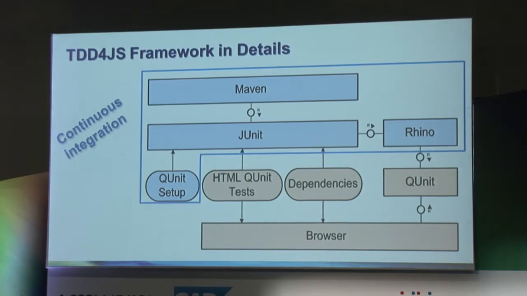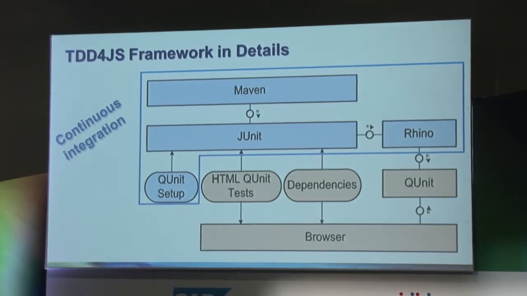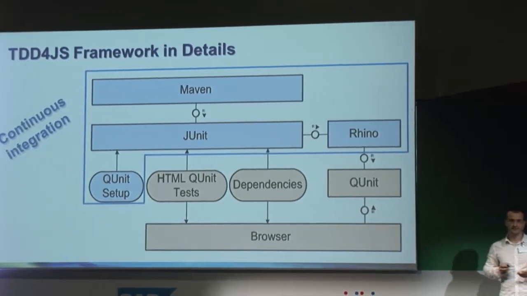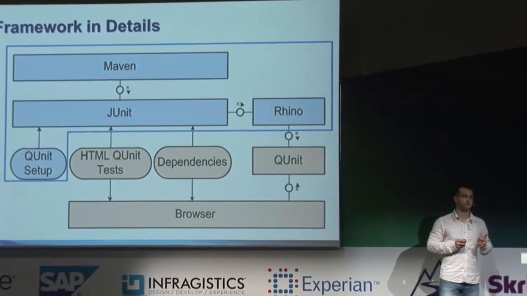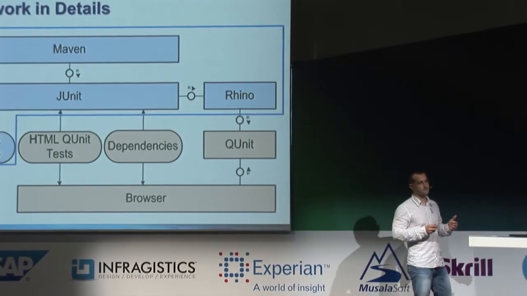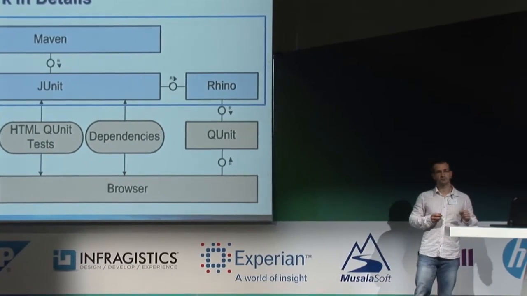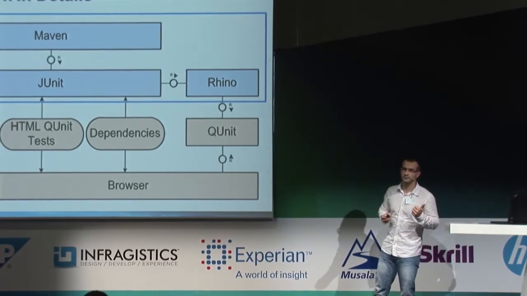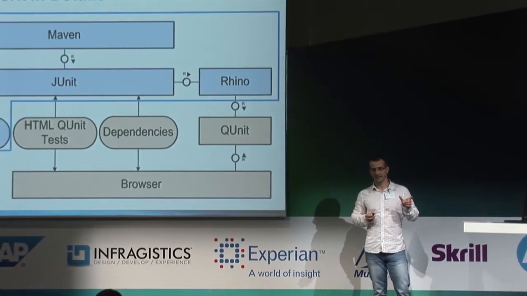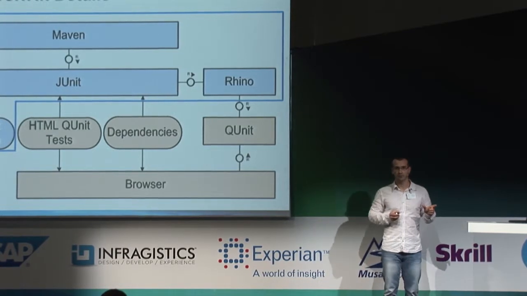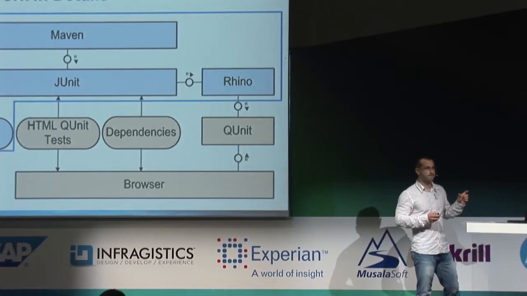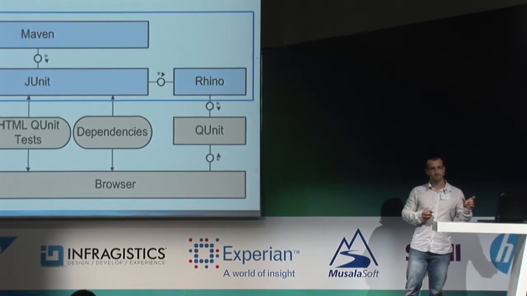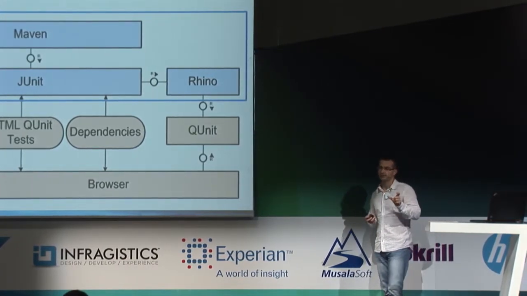Our JUnit gathers all the QUnits which are for our framework, loads their dependencies, and sends them for execution in Rhino. Rhino runs these scripts using QUnit. QUnit produces the results and sends them back to JUnit. JUnit produces nice surefire reports which are readable by any continuous integration system like Jenkins.